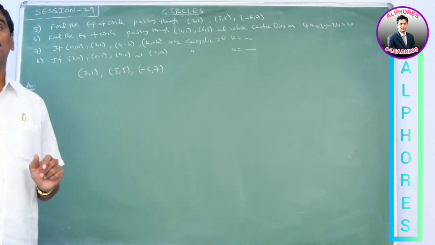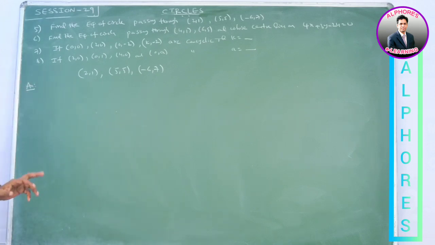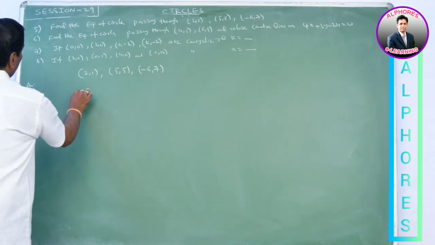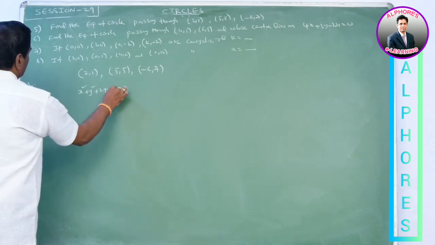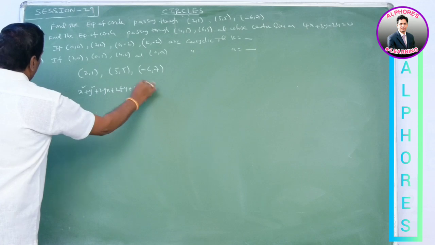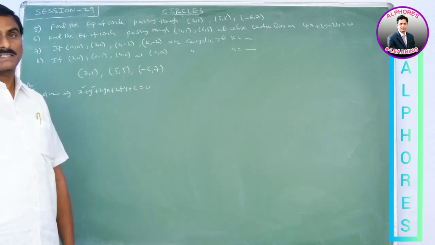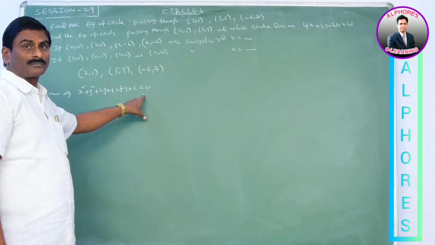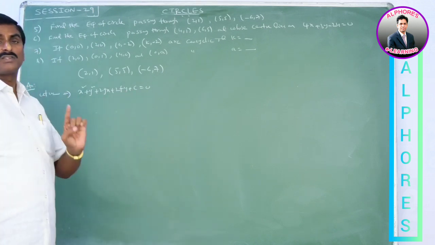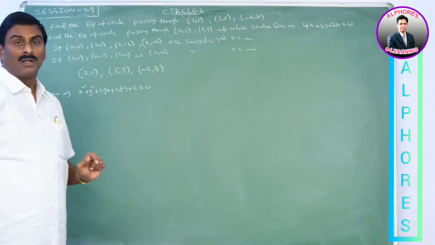To find the equation of the circle, first we assume the equation of the circle in standard form. Let us assume the equation of the circle is x square plus y square plus 2gx plus 2fy plus c is equal to 0. In this case, g, f, c are unknown values.